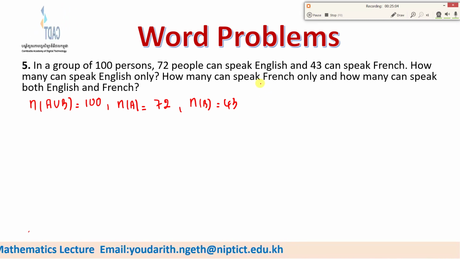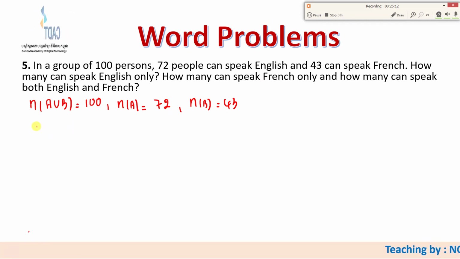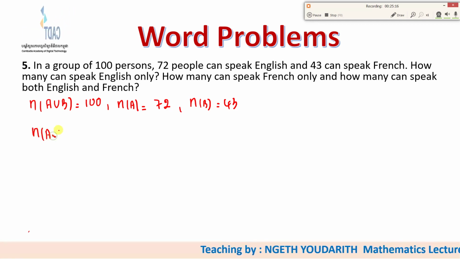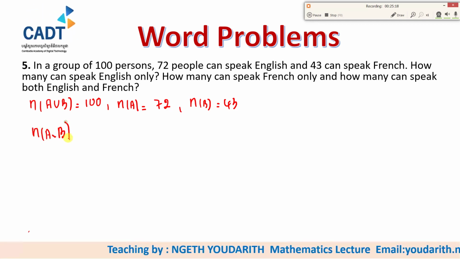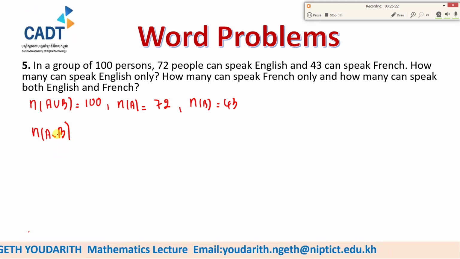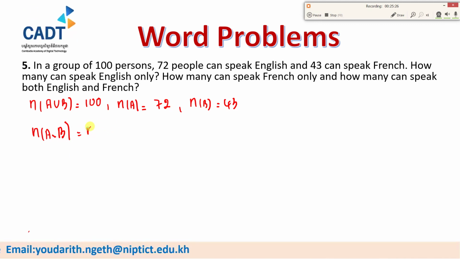So how can we find the only English? Only English, it means, for example, I write N(A minus B).